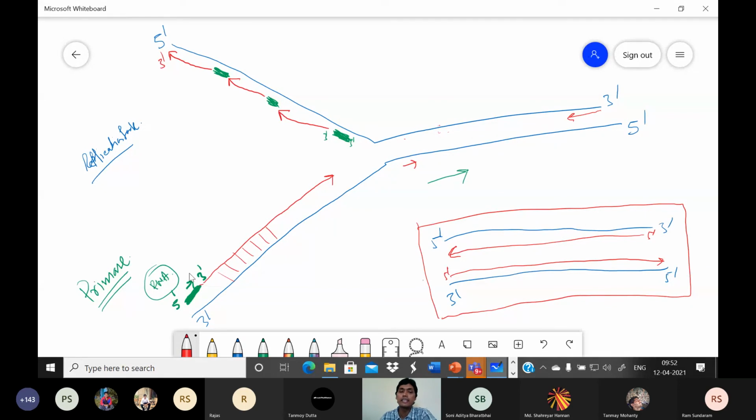Whenever that is done, one enzyme removes this RNA primer. But even after you remove the RNA primer, the DNA still has the OH group here, so DNA polymerase will make the DNA again here. Finally, one enzyme called ligase will fill the gap. Gap means one phosphodiester bond that needs to be filled, right?